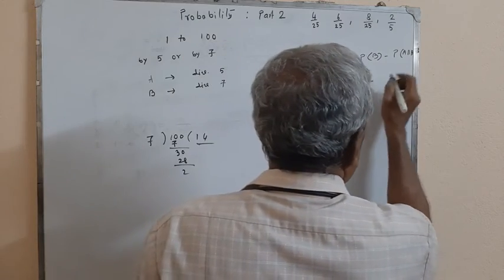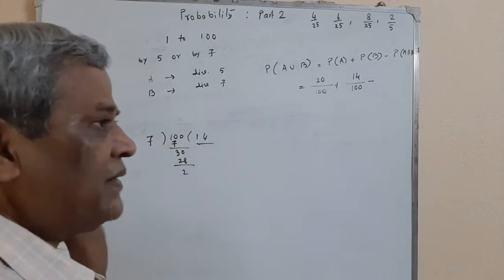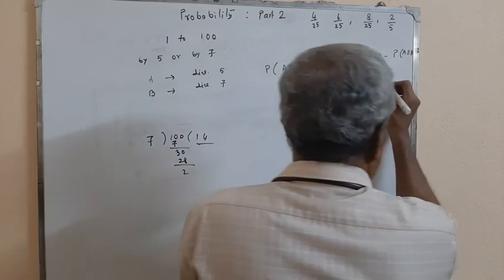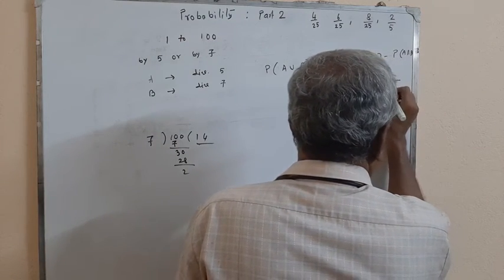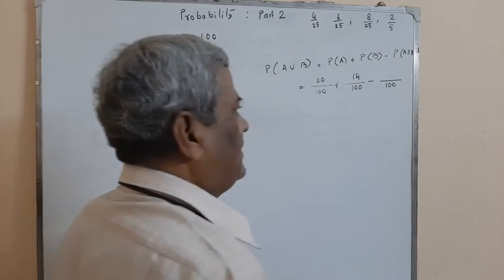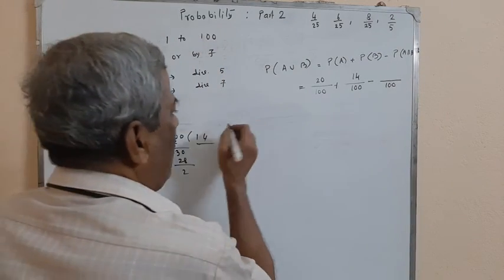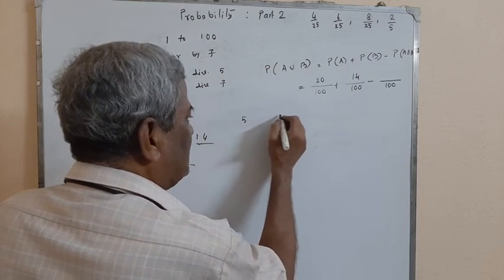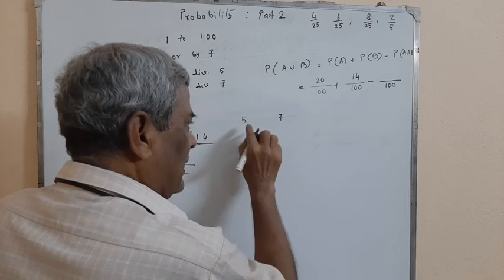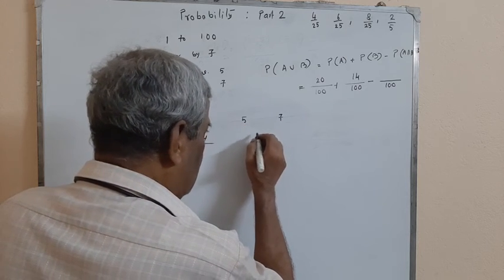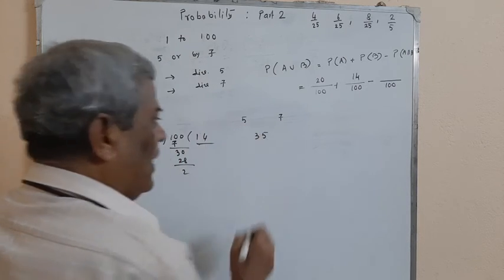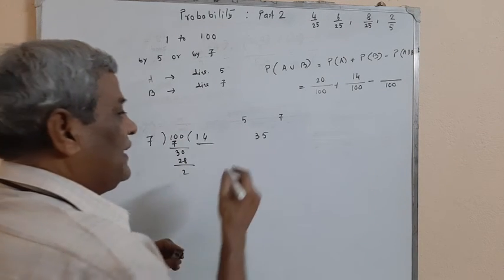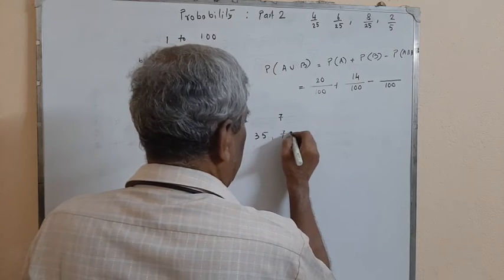Minus probability of A intersection B, that is, both A and B will happen. As before, 100 is in the denominator, and it should be both divisible by 5 and by 7. Then LCM is 35. How many cases are there which are divisible by 35? 35, then 70.